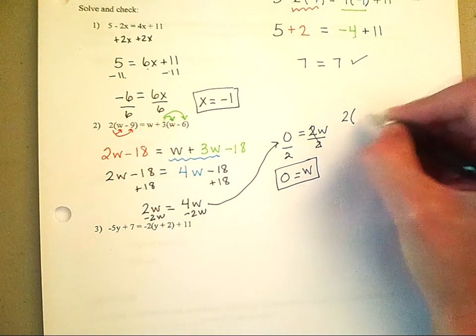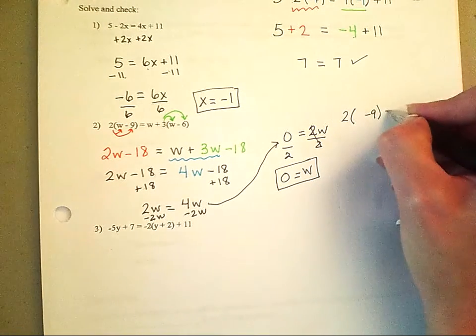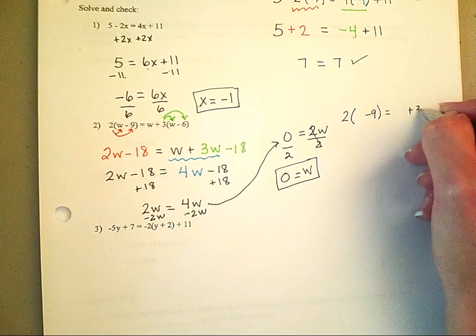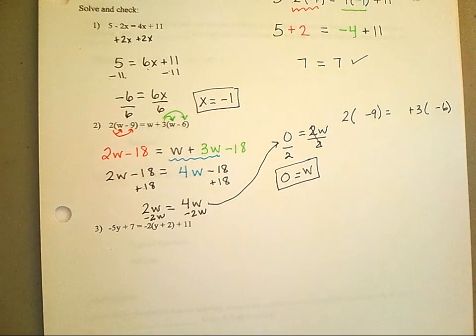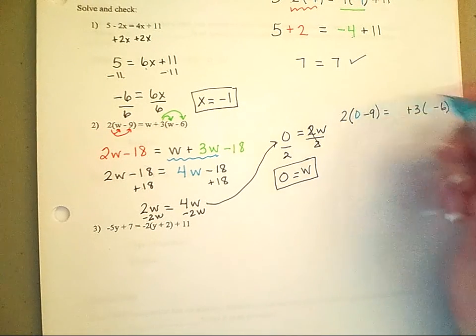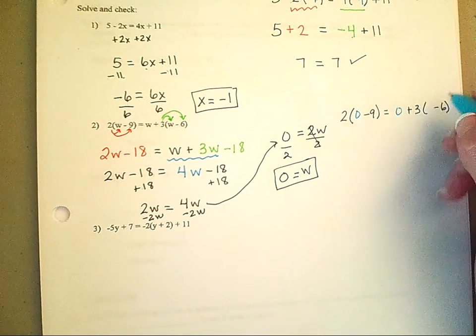And let's do the check. So 2 times 0 minus 9, is that equal to 0 plus 3 times 0 minus 6? So let's put in the 0.